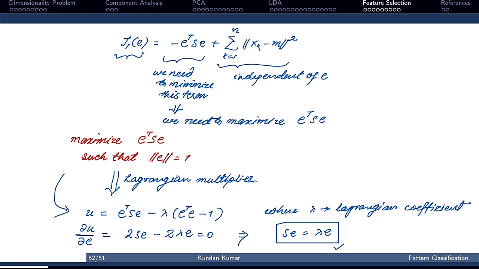From this expression we can conclude that S is the scatter matrix, E is the eigenvector and lambda is the corresponding eigenvalue of this scatter matrix. In particular, it follows that to maximize E transpose S E, we have to select the eigenvector E corresponding to the largest eigenvalue lambda of the scatter matrix. That is the inference from this solution.